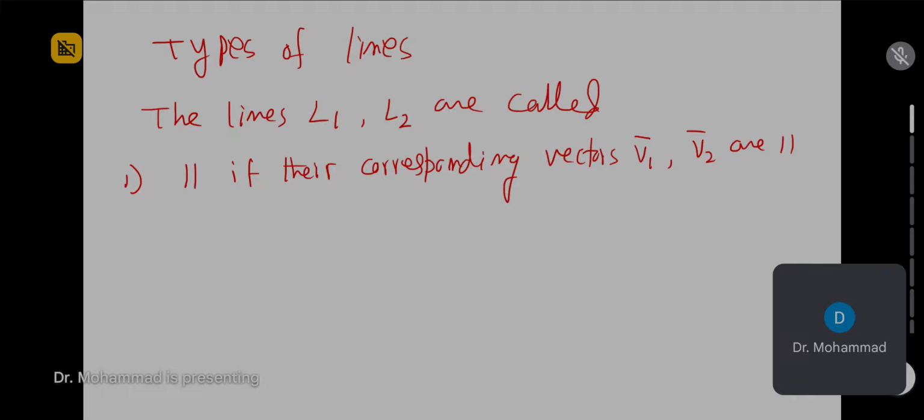So the lines L1 and L2 are parallel if their corresponding vectors V1 and V2 are parallel.